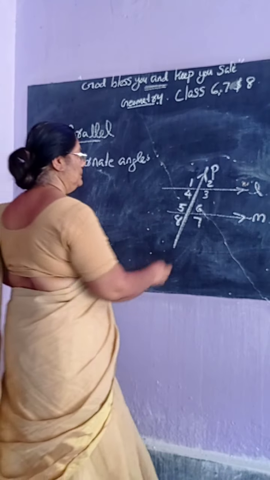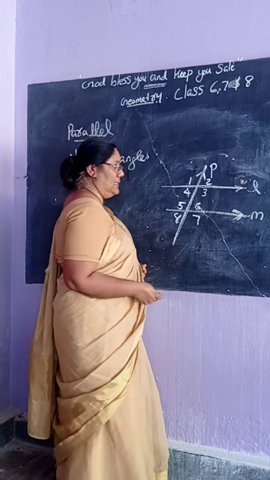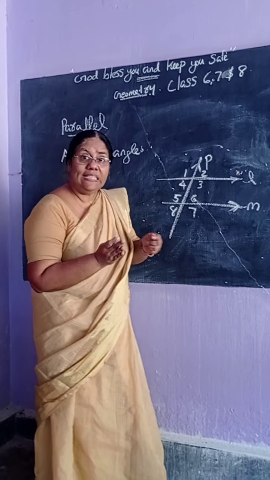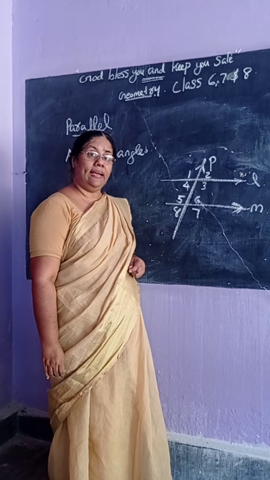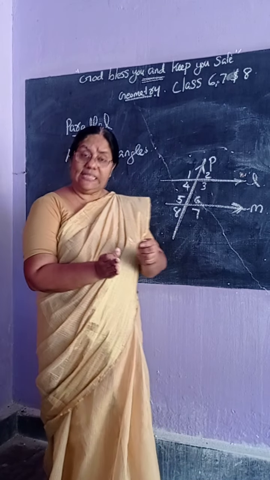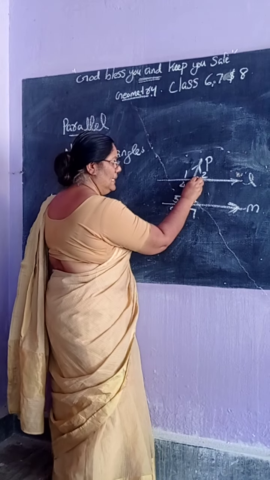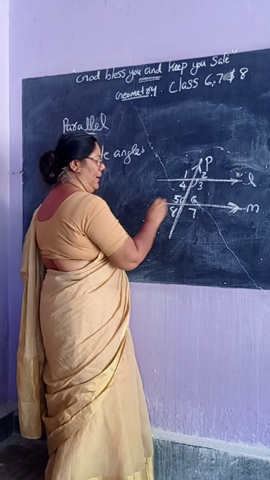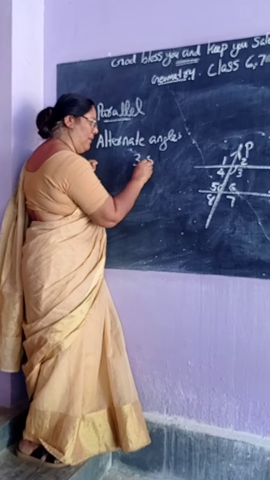Here, L and M are the parallel lines. Interior alternate angles. Interior alternate angles means the angles are inside the parallel lines. All of you look here. Angle 3 and 5.